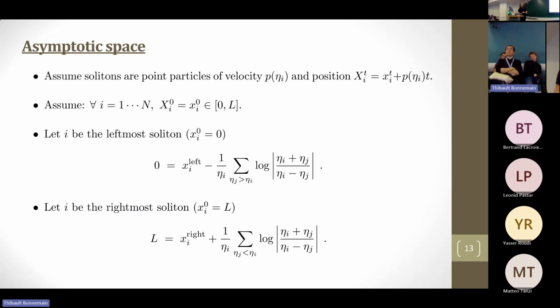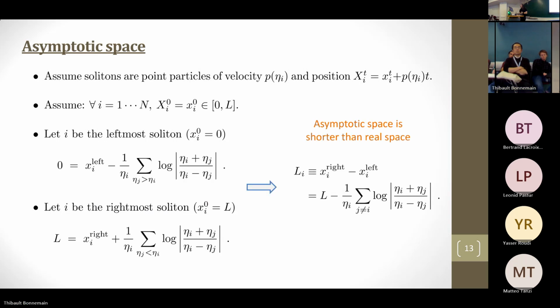Right. So now you know that if you want your soliton to be between 0 and L at t equals 0, it must be between x left and x right, asymptotically. Well, in asymptotic parameters, it must be between x left and x right. And you can also take the difference of equations, and from this, you can define an asymptotic space L_i as x right minus x left, and relate this asymptotic space to the real space.